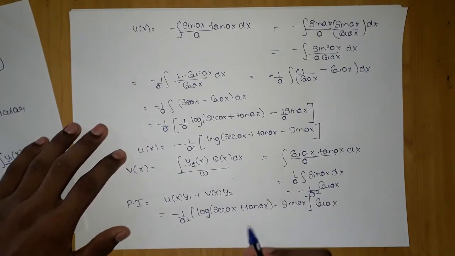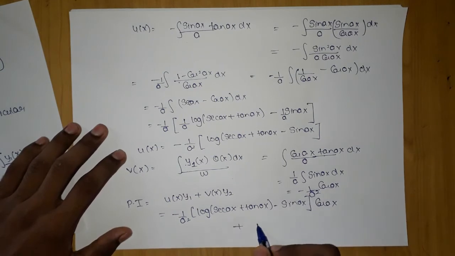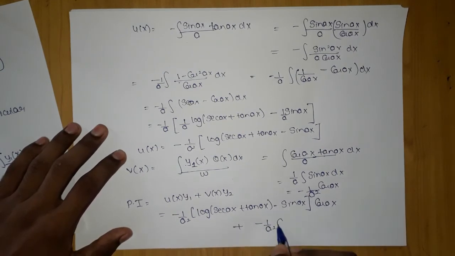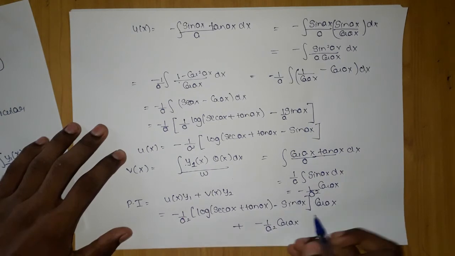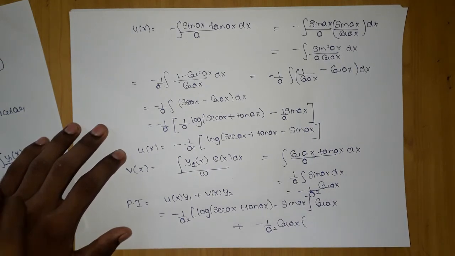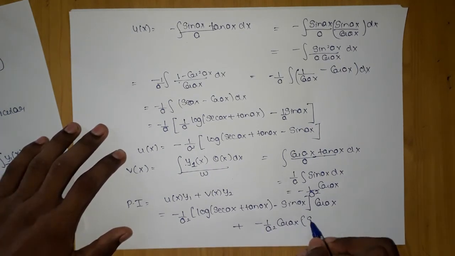Now the second thing, which is v of x, which is nothing but minus 1 by a square cos ax into y2, which is sin ax, right?